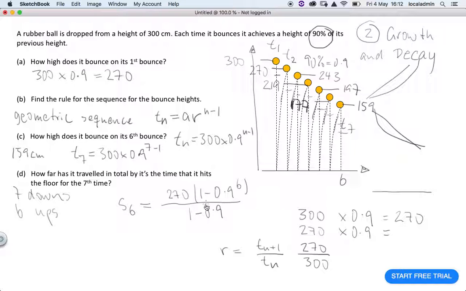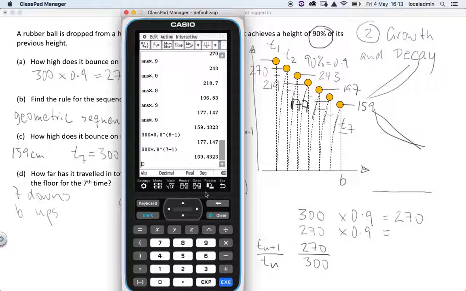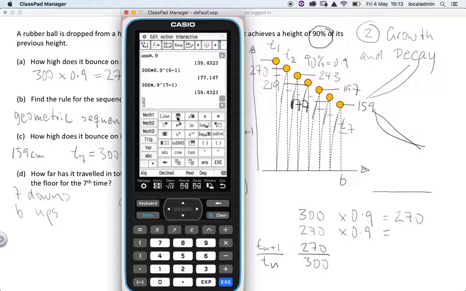Let's put that into the calculator and see what we get. So we want our fraction symbol there. That's 270, 1 minus 0.9, oops. 1 minus 0.9 to the power of 6.